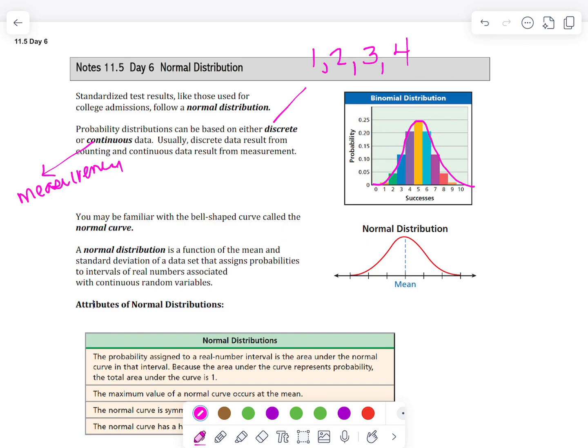Okay, you may be familiar with what we call the normal curve, which is bell-shaped. A normal distribution is a function of the mean. So the mean is going to go in the middle.